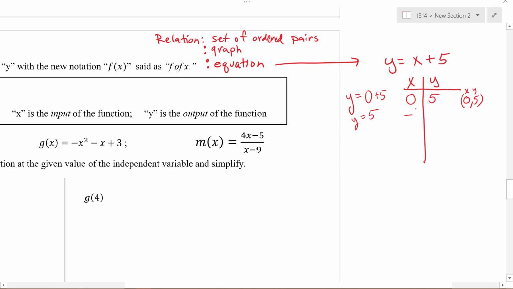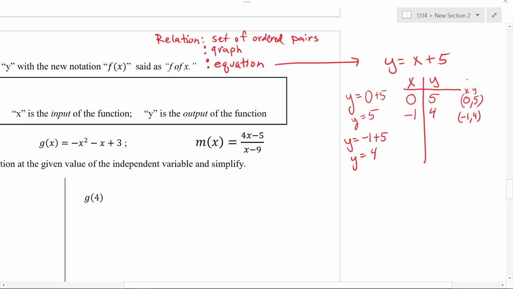And we could continue to do this by choosing x values, plugging them into the equation in place of x, and simplifying and getting out a y value. In this way, we can generate as many ordered pairs for that relation as we wish.